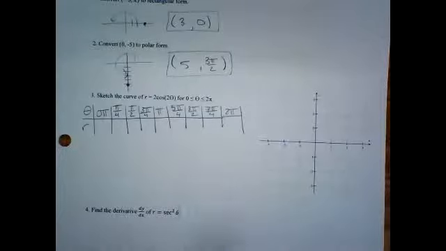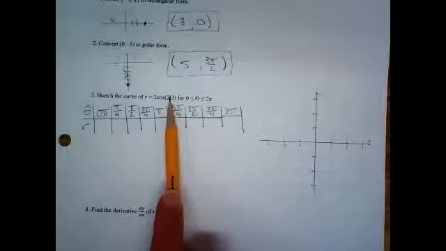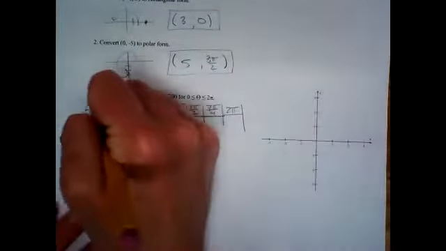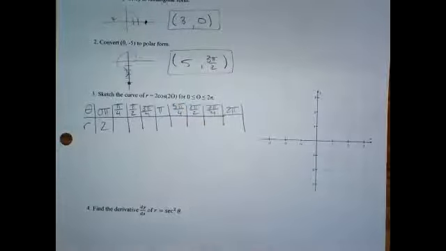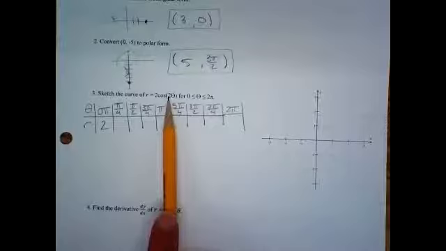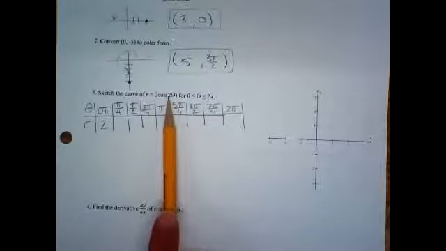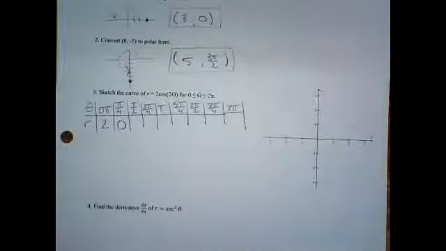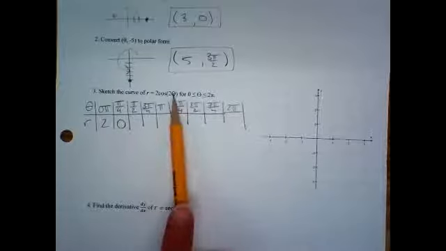All right, so if we plug in 0, cosine of 0 is 1 times 2 gives you 2. If you plug in pi/4, when you multiply that by 2, you would get pi/2. Cosine of pi/2 will be 0. When you plug in pi/2, the 2's cancel.